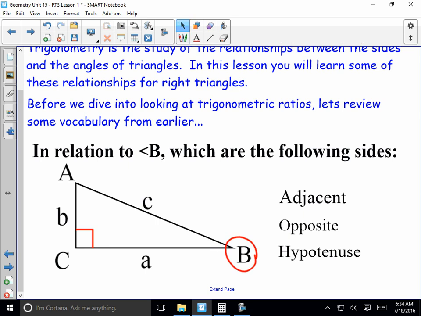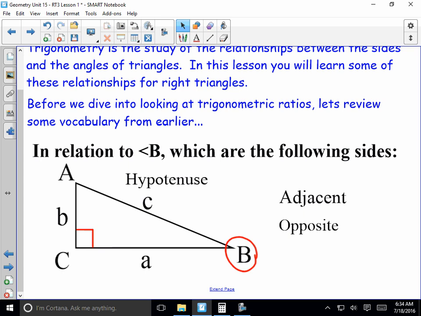Where are you in this triangle? Because the labeling of the triangle is different whether you're standing at A or standing at B. The one thing that never changes is the hypotenuse. The hypotenuse is always the side across from the 90-degree angle.